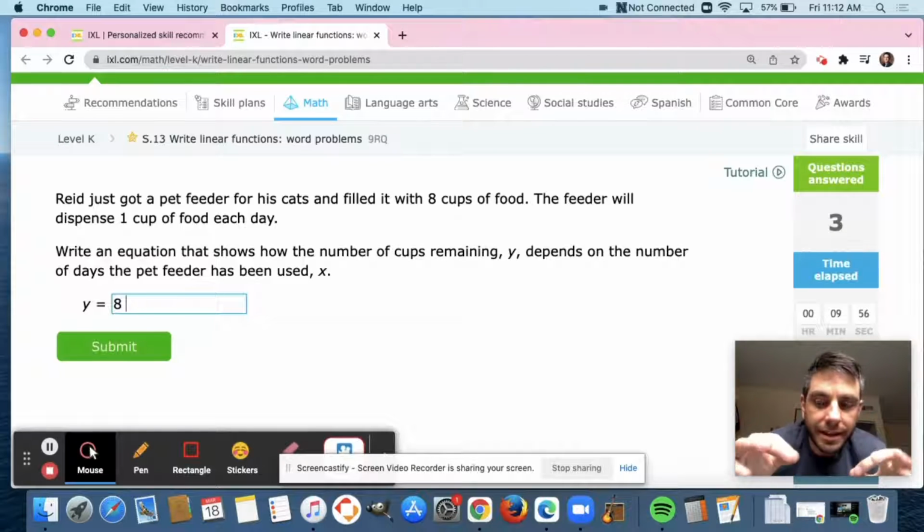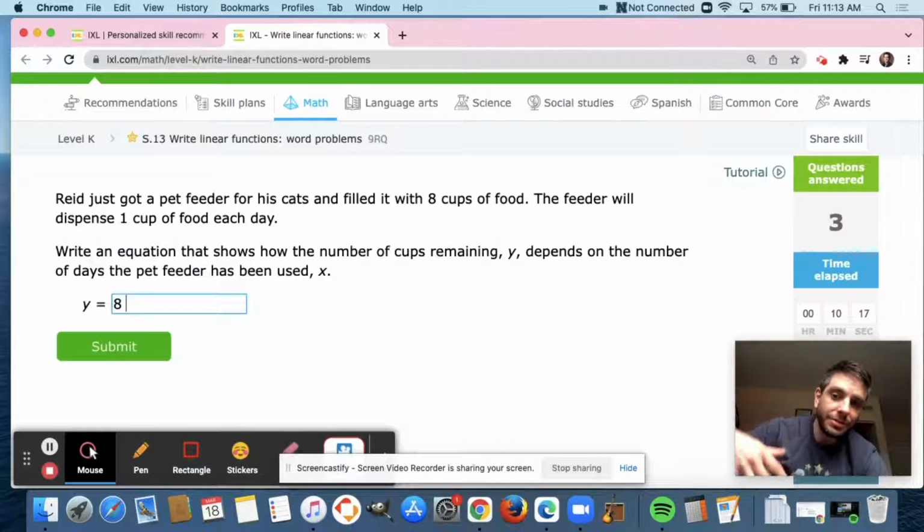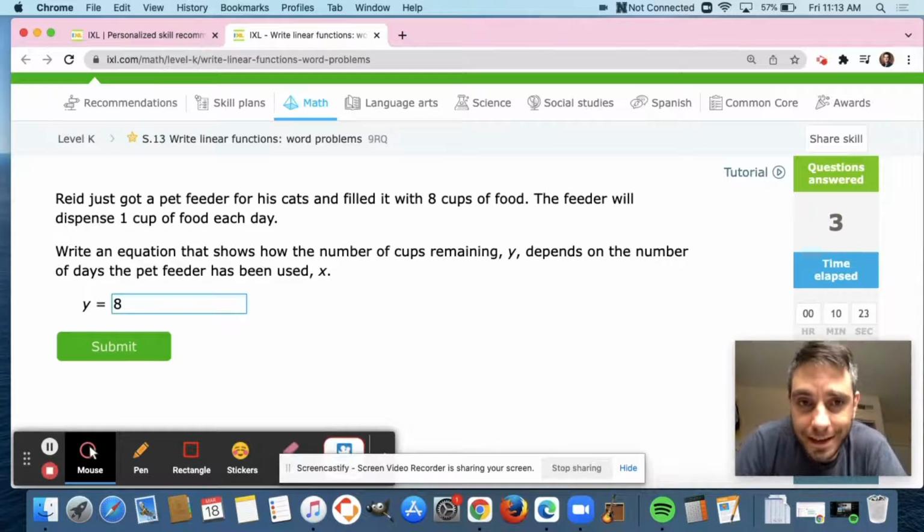When I think of the word dispense, I think of a dispenser, something that you're getting rid of, you're dispensing of it, like it's going away. So the feeder will get rid of 1 cup of food each day, and that makes sense in real life, right? You fill up the thing, and then every single day, as the animals go to the pet feeder, it's letting loose food for them.